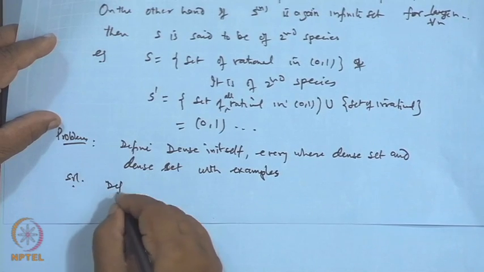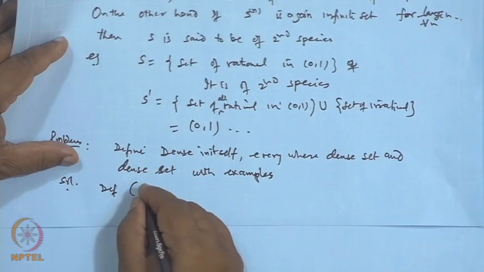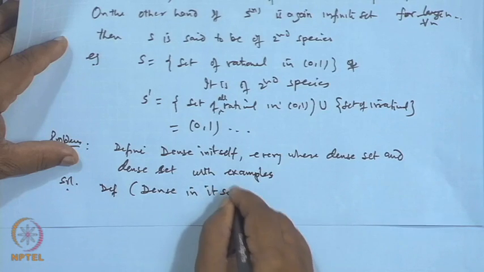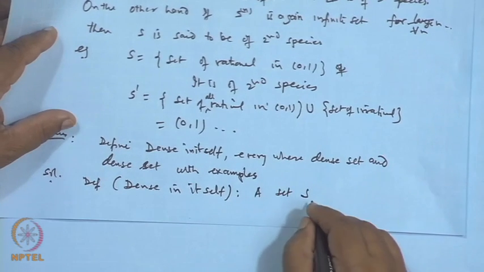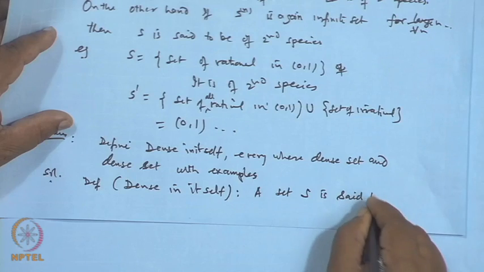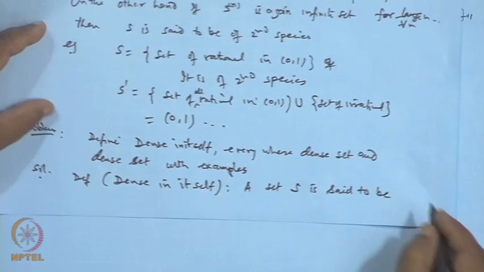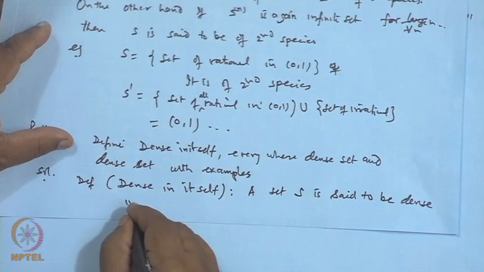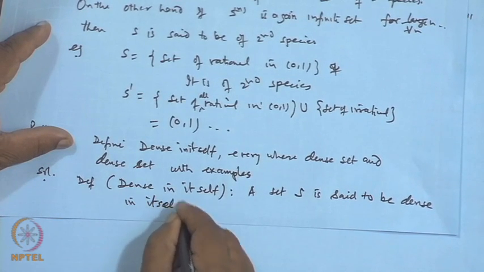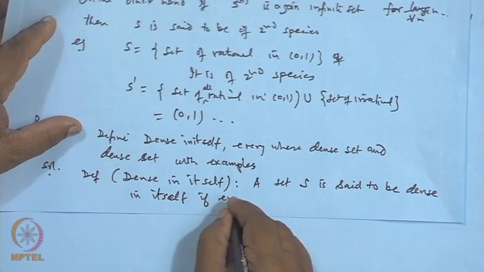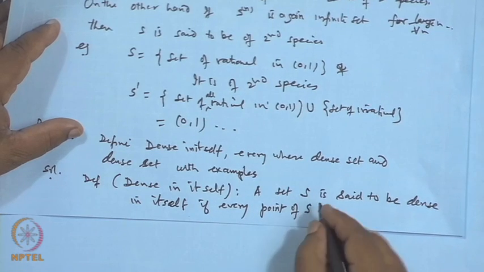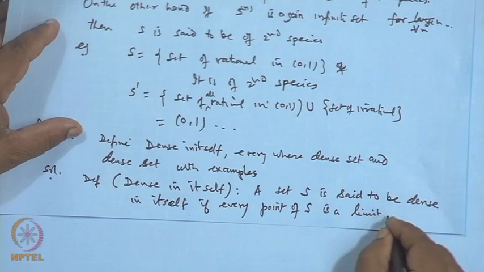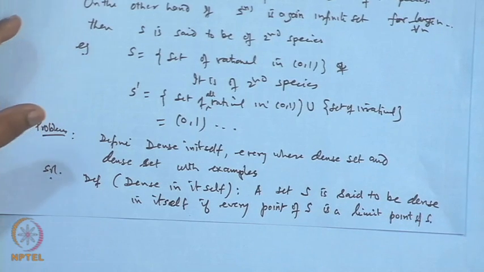We define dense in itself: a set S is said to be dense in itself if every point of S is a limit point of S. If every point of S is a limit point of S, then we say that the set is dense in itself.